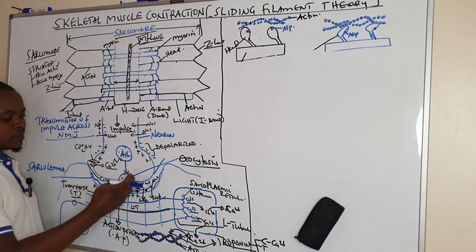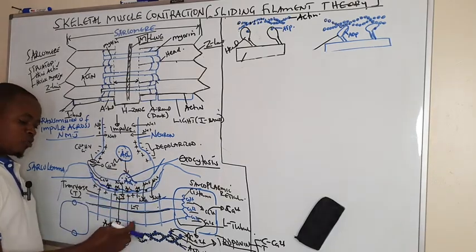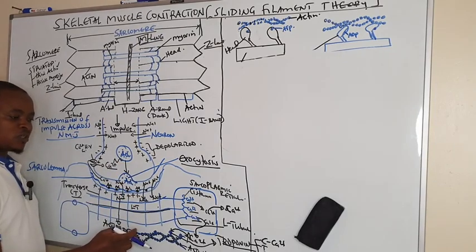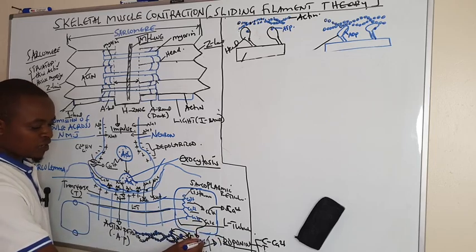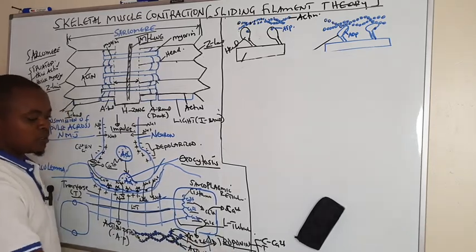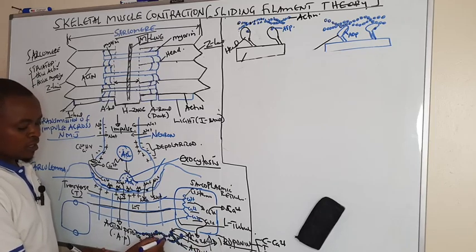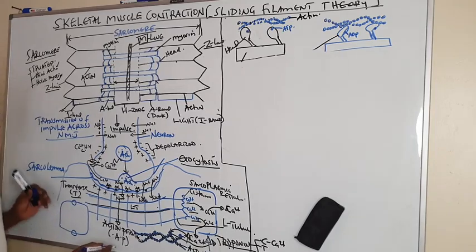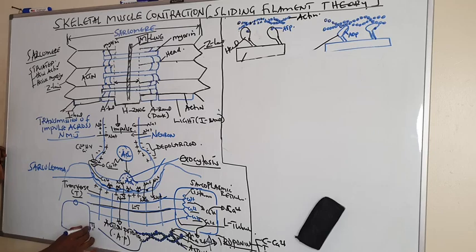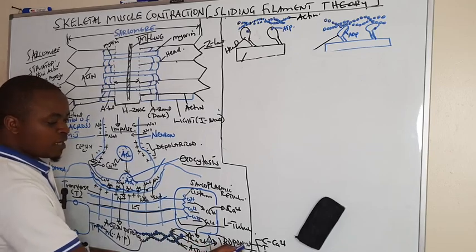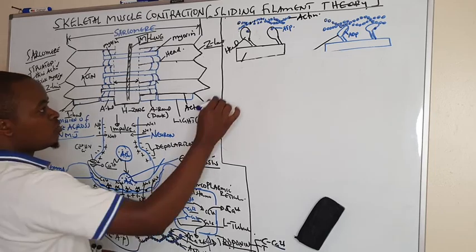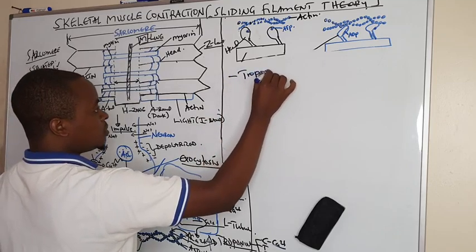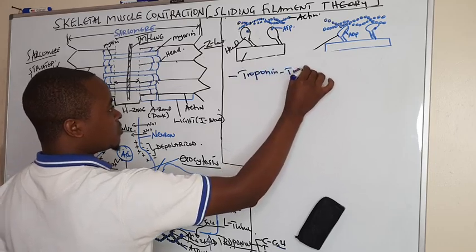But when there is depolarization of the muscle, leading to propagation of an action potential by the transverse tubules, causing release of calcium ions from the sarcoplasmic reticulum, the increased levels of calcium ions bind to troponin, and the troponin also binds to the tropomyosin, causing a complex known as the troponin-tropomyosin complex.